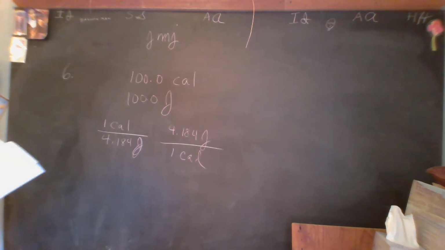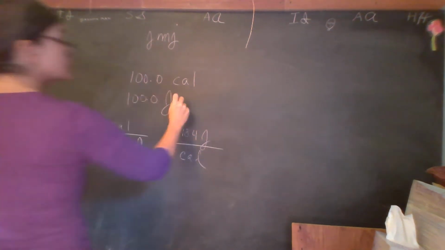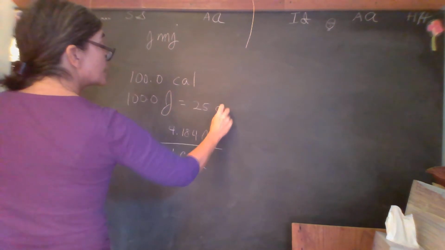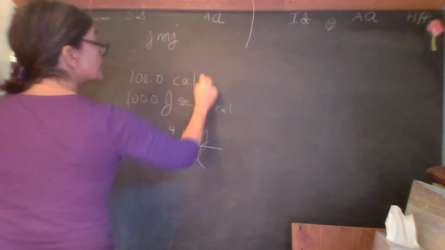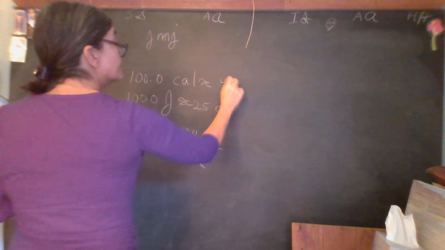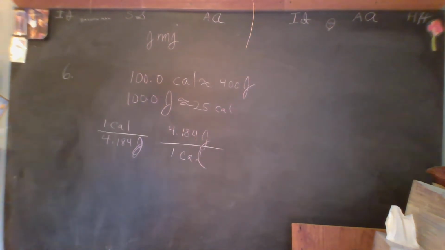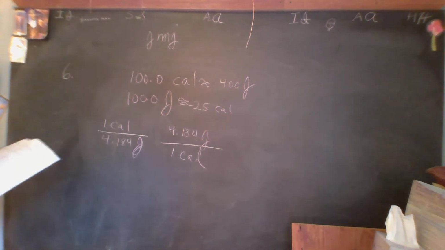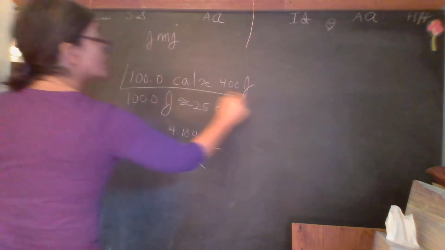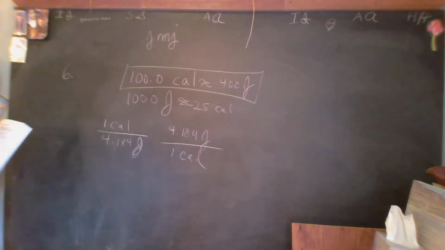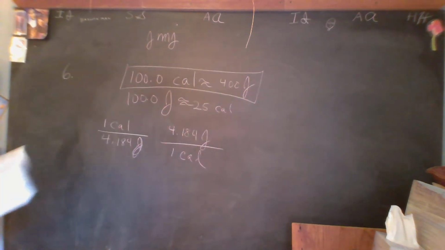So 100 joules is equal to 25 calories approximately. Right? And the question says, which gets hotter? It's the one that absorbed 100 calories. Yeah, this one. Okay. Now please read number 7.